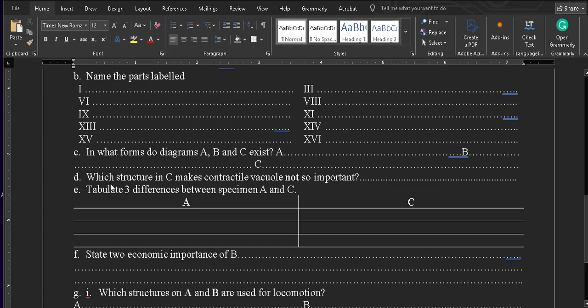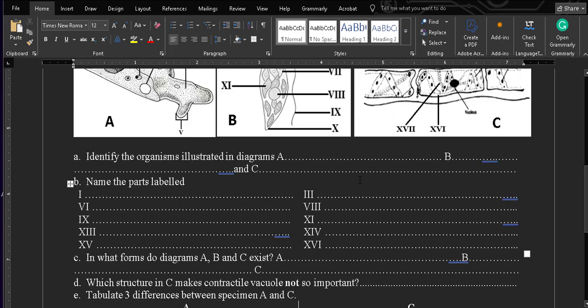Then we move on to D. D says, which structure in C makes the contractile vacuole not so important? You know that the contractile vacuole is supposed to osmoregulate, right?